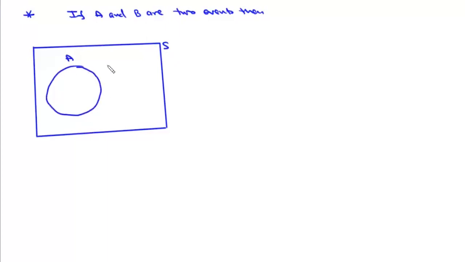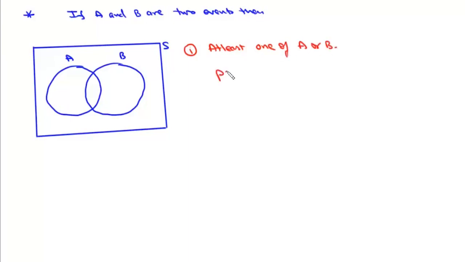This is your event A, and this is your event B. If we have to write probability of at least one of A or B, then we write this probability of A union B, and this region is the region inside either or both of the two circles.